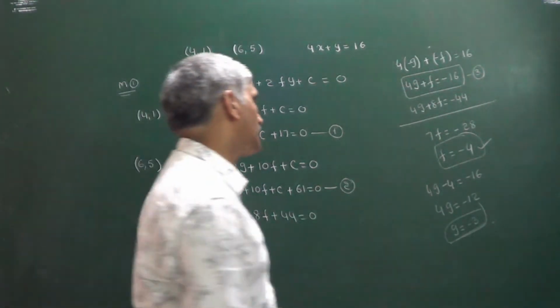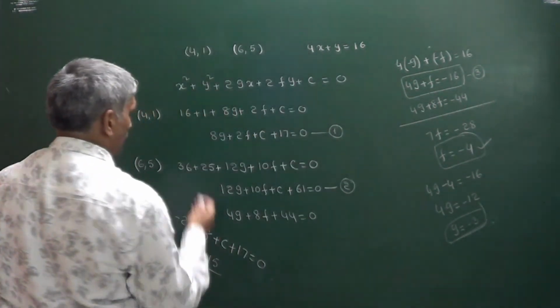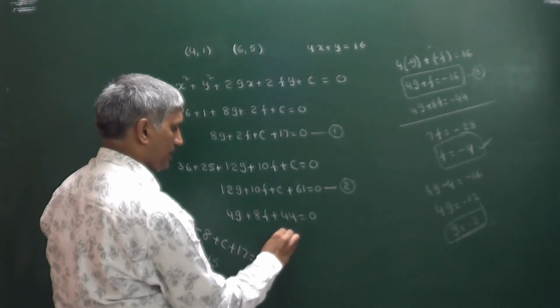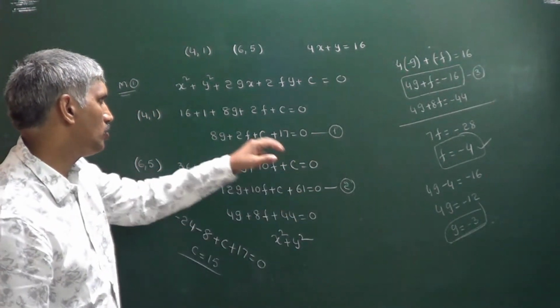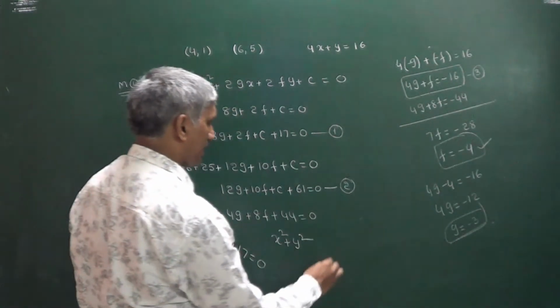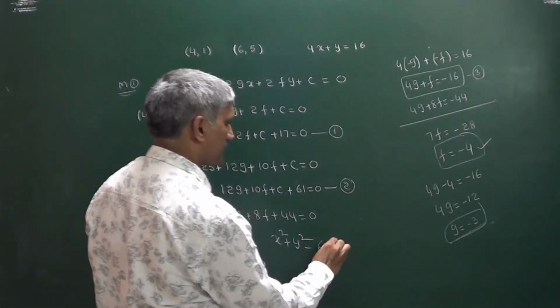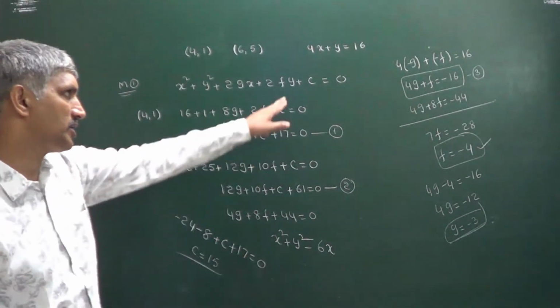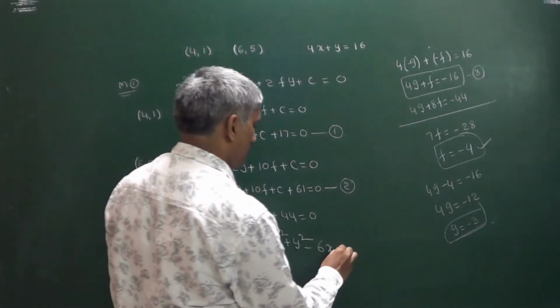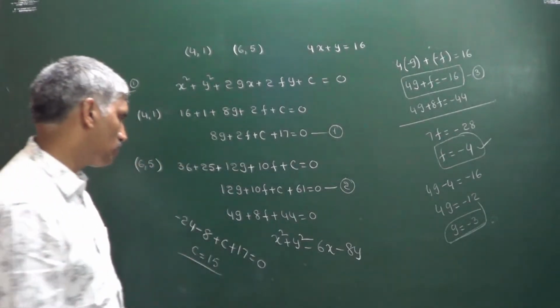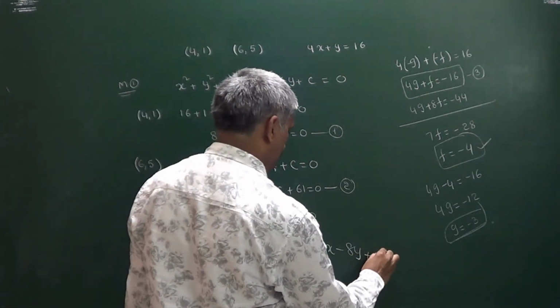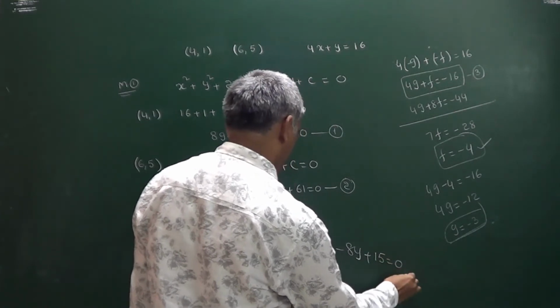So the required circle equation is, substitute here, x square plus y square, G is equal to minus 3, then you will get minus 6x, F is equal to minus 4, then you will get minus 8y. We got the value of C is equal to 15. So this is the required circle equation.